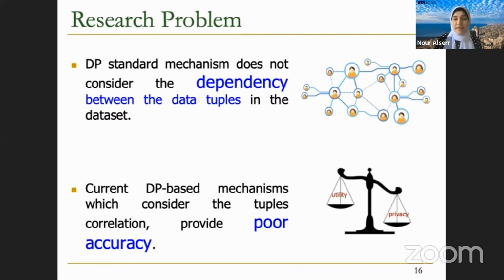But this is not the perfect solution, because if you keep adding more and more noise, this leads to poor accuracy. What do I get from the query result if I'm adding too much noise? How much utility and accuracy do we have? So we need to find a way to have the privacy guarantees and also a trade-off between the privacy guarantees and the accuracy or utility of the data.